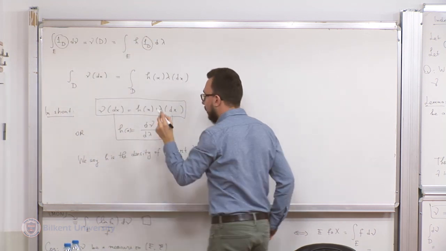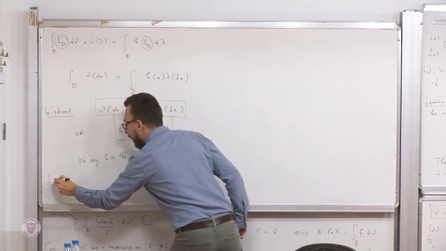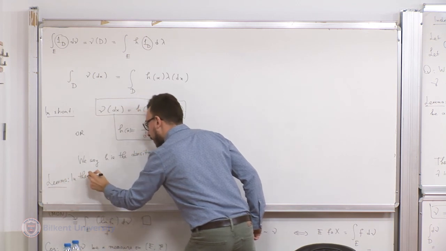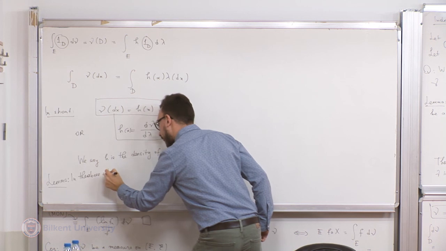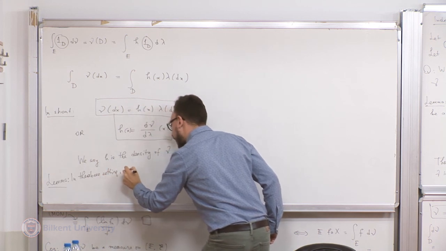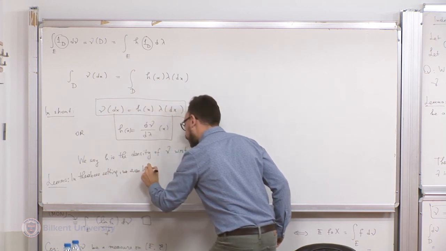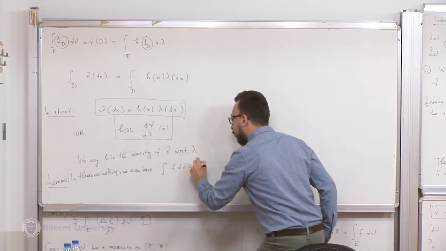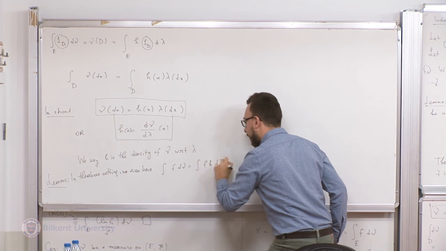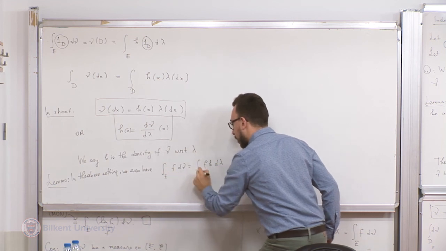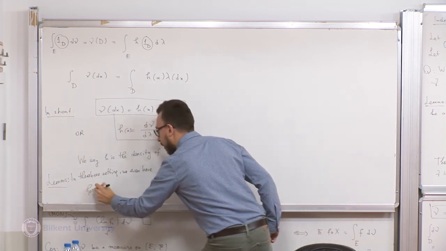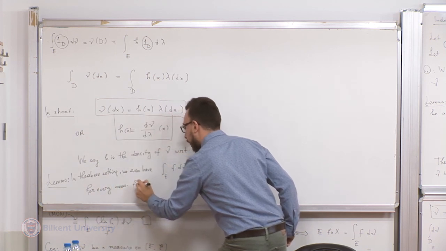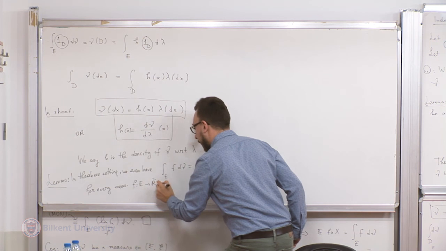And in fact, you don't need to specialize into indicators. So just one lemma. In the above setting, we even have the integral of f d nu equals the integral of f h d lambda for every measurable f from E to R bar plus.